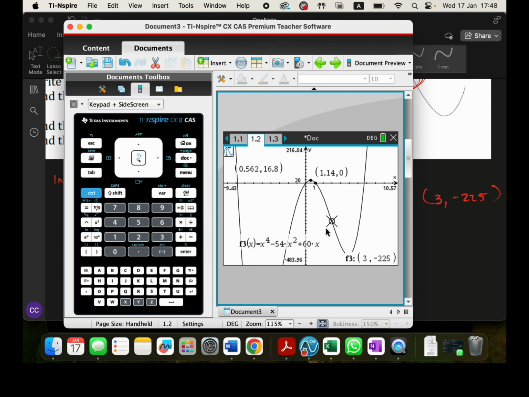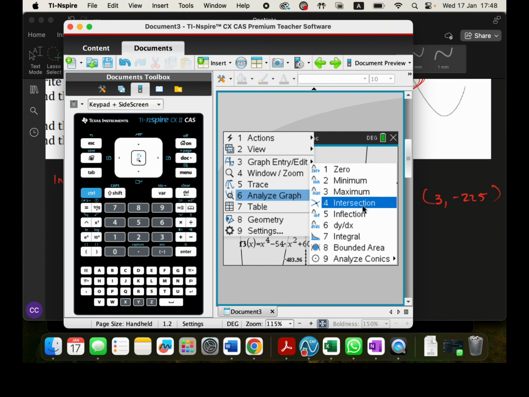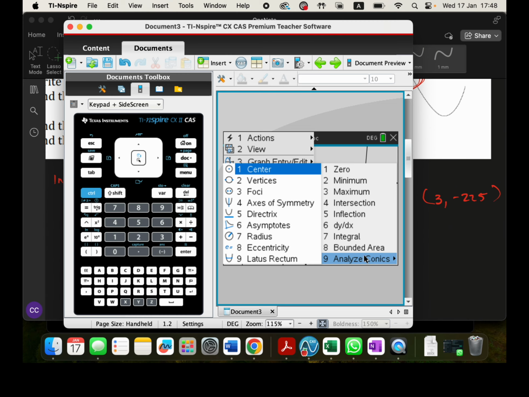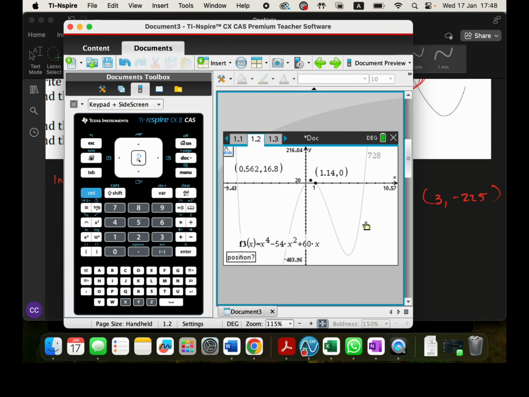Interestingly, if you want, on your calculator, we know that that's the point. I can also do menu, analyze graph, and if I do escape, menu, what do I want to do? dy dx, and I want this at 3, I get my value of what that is. So I made a mistake somehow. How did I make a mistake?